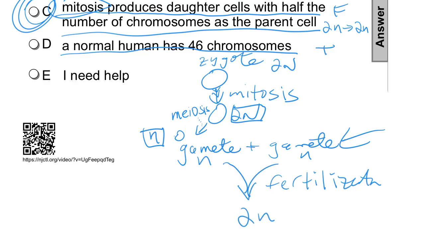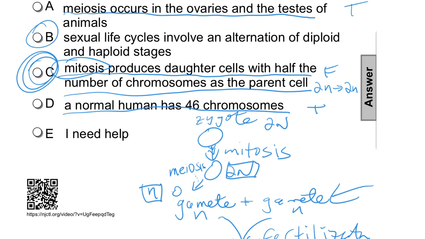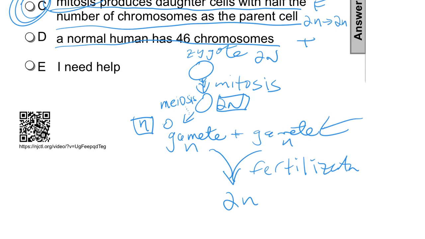So our life cycle involves alternation between diploid and haploid. That's what alternation means. There's a switching between diploid and haploid cells. Now, the gametes are haploid, and all the rest of our cells are diploid, including the very first cell that we started out with.